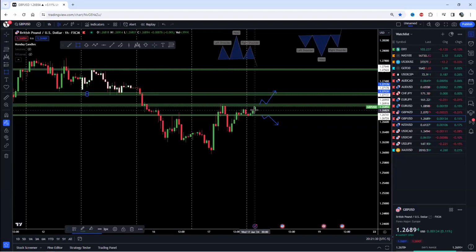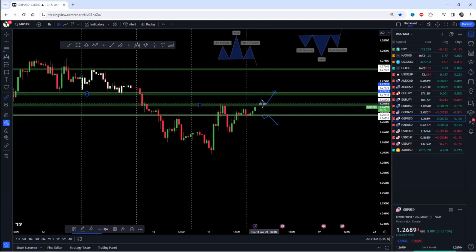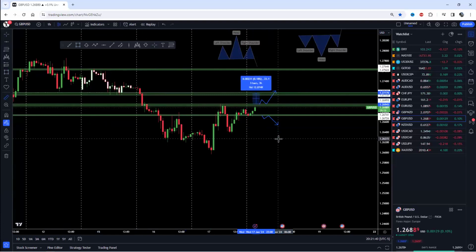So if we choose to take a trade on the top side, this is the only room we have between here and here at the most. That's 23 pips. So now we have another decision in which we can make. We have another option. We can say, you know what? I like the engulfing candles.